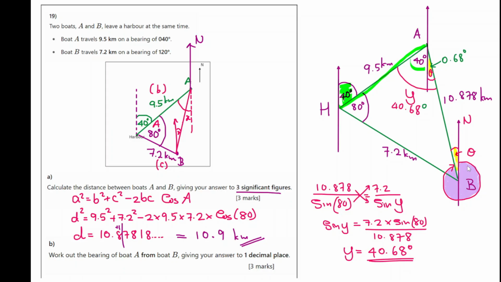So you get 359.32. The question says to give it to one decimal place. So it's 359.3 degrees. Which suggests that B is almost directly under A, but there's a tiny shift to the right, which gives this sort of a big bearing. Good question.